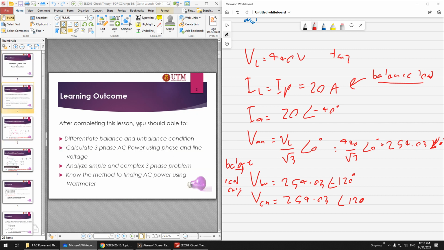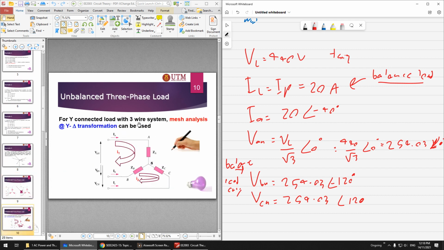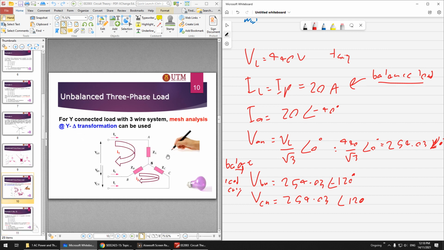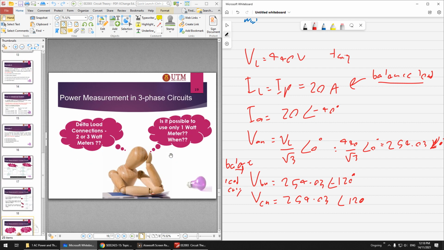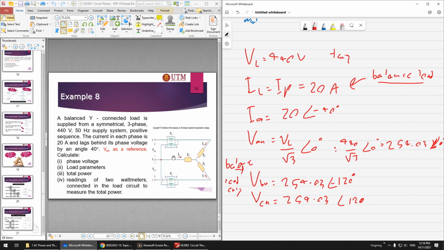Recall back, if you are using an unbalanced load, you have to use this one. So let me go back to the question.